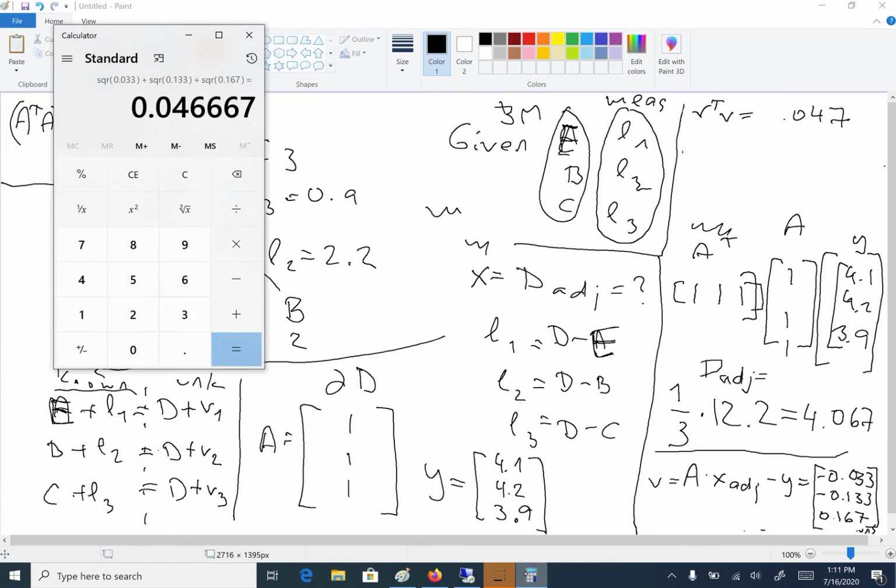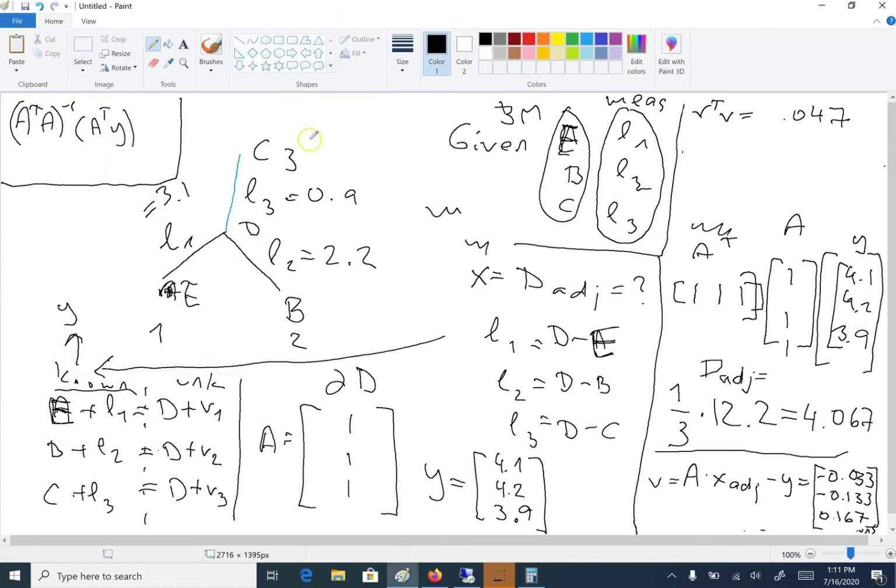So that's the basic setup on how to get a least square solution. Write down each measurement as a function of the unknown. Rearrange so that the knowns are on one side. That's going to be the vector of the knowns.